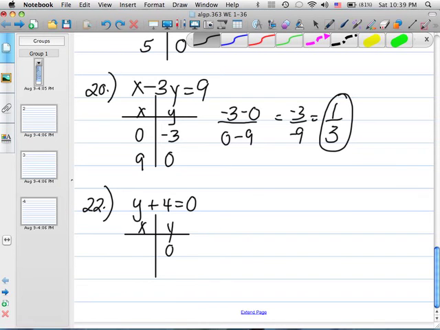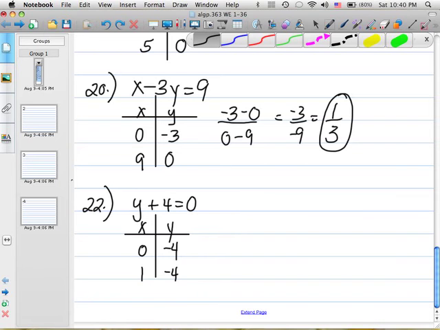So if y was 0, oh, that doesn't make any sense. Y would have to be -4 for that to come out 0. So y is always going to be -4, and x can be anything.